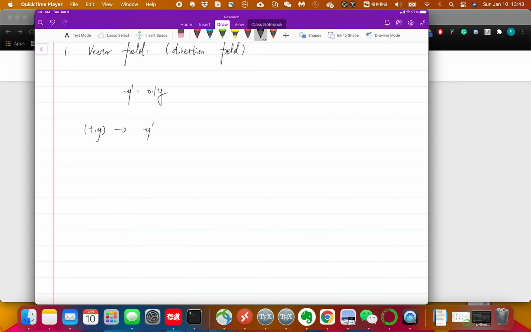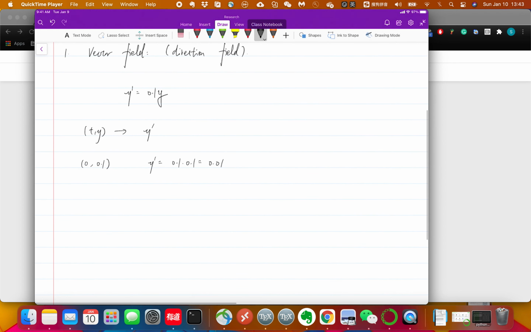For example, what will happen at 0, y equals 0.1? Well, that is going to give you y prime equals 0.1 times 0.1, which is 0.01. I probably want to use 2 here to make it easier. So it's going to be y prime equals 2 times y, which is 0.2.